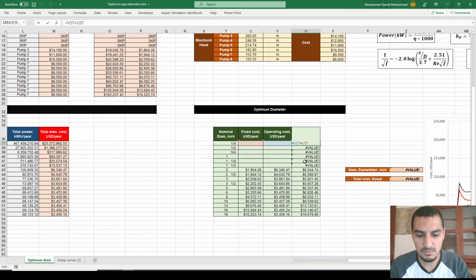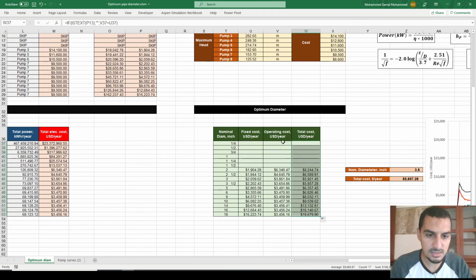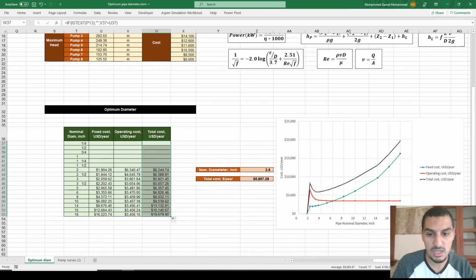And the same here. So if it has text, then it's not going to display it, otherwise it will. And here we see that the problem is solved, that I don't have any problem now with the cells that did not have values or had errors. So it's now displaying the diameter and displaying the total cost.